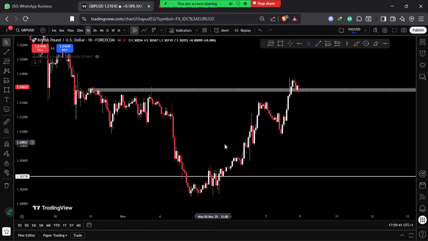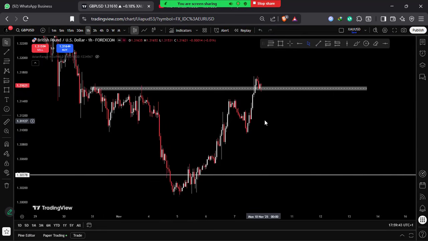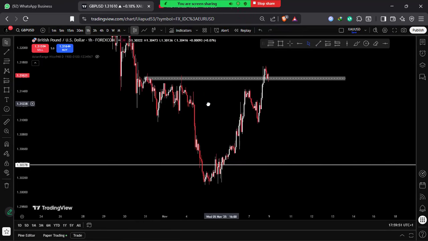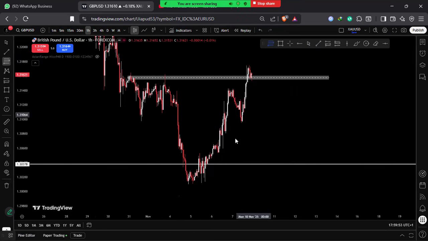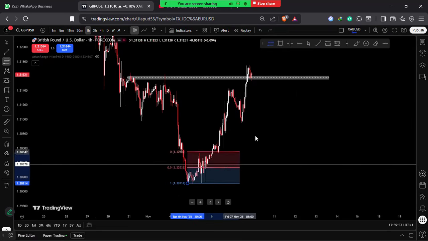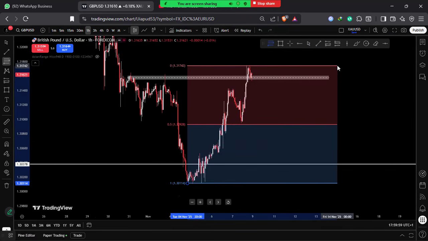All right. So here someone could take this level, but me, I would want this thing to retrace down a bit. You asked me about the Fibonacci. What I do is I put this low here. This is my Fibonacci tool now. I'm taking it from here straight to the top of this place.